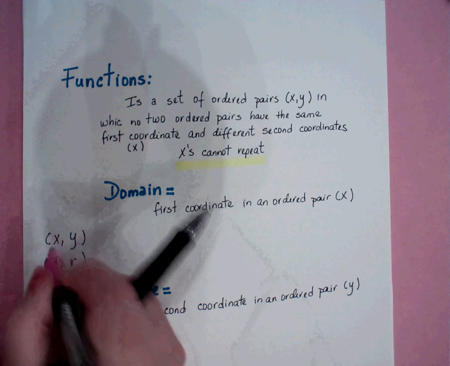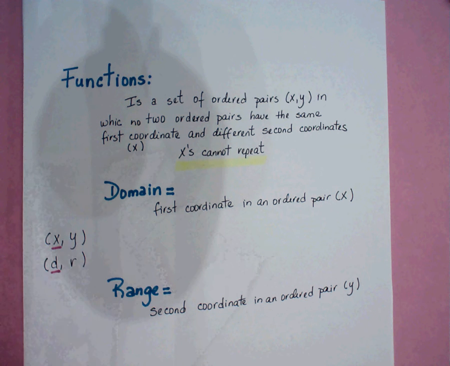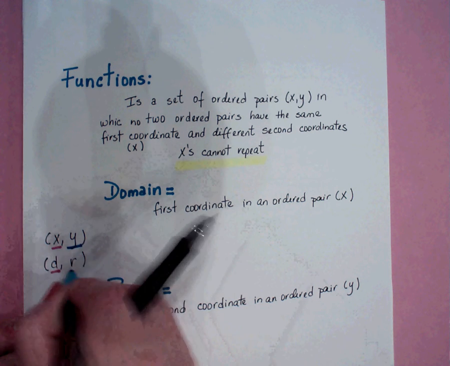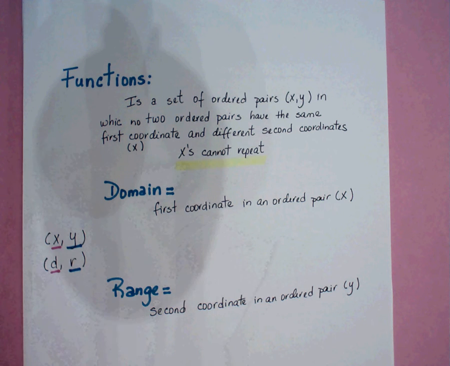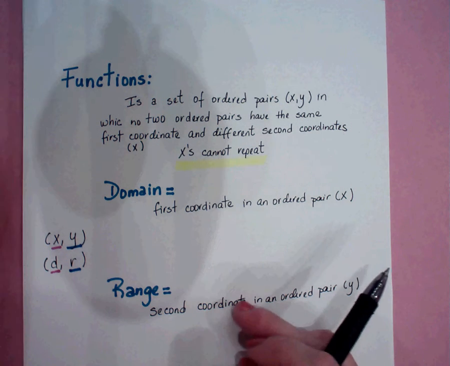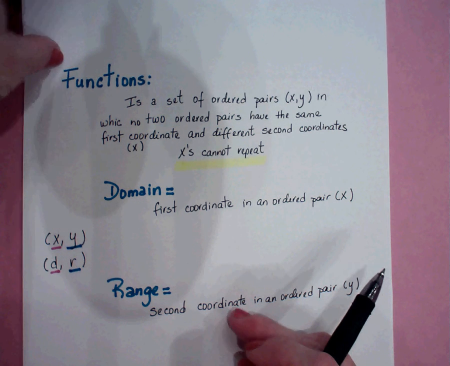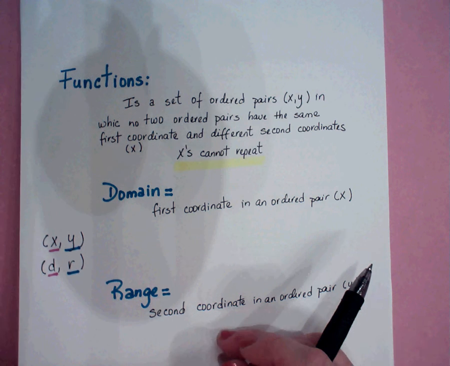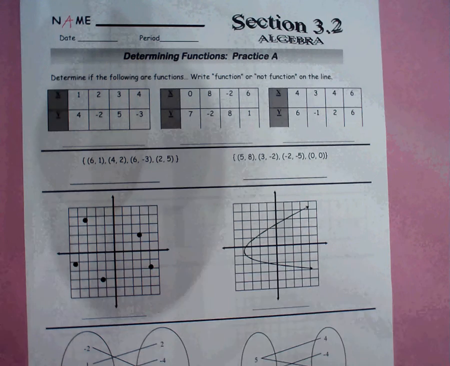So x and domain are the same, and your second coordinate, your y, and your range are exactly the same. All right? So in the next worksheet we're trying to figure out which of those relations are functions or not. So let's go ahead and get started.